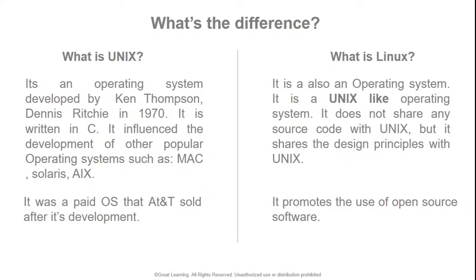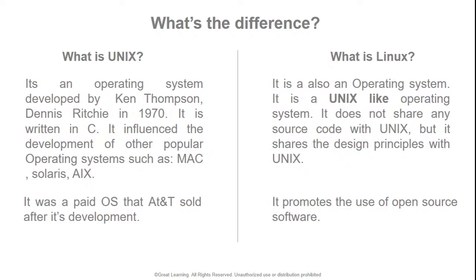It was written in C, and it was a very good operating system that was used in a lot of different business environments, wherever there was a need for a good operating system, right? It also influenced amazing operating systems like Mac. Your Mac is based on Unix, and other operating systems based on Unix are Solaris and AIX.